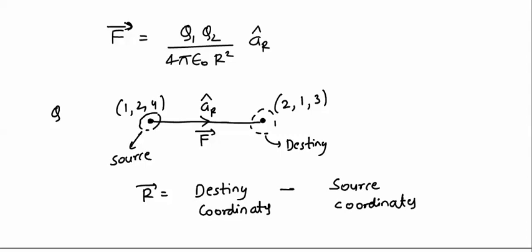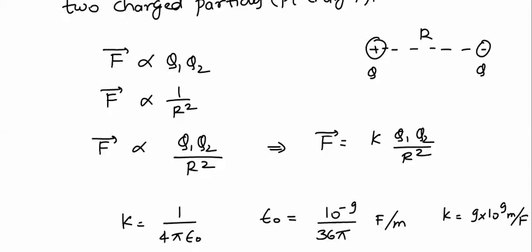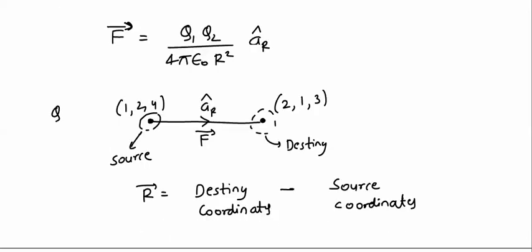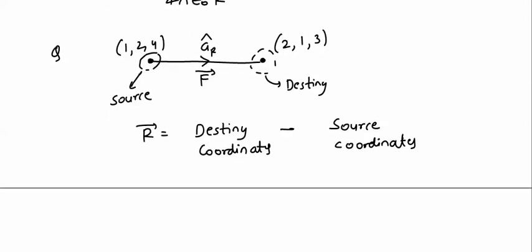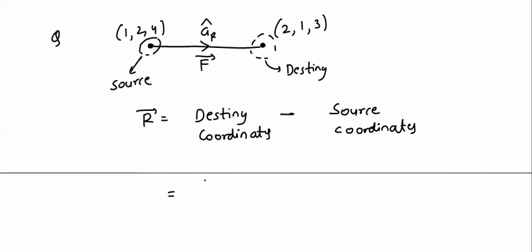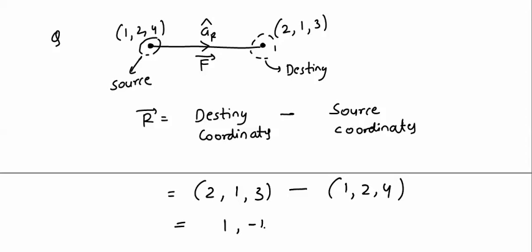In this example, the destination coordinates are 2, 1, 3, minus the source coordinates, which are 1, 2, 4. If I subtract them, I'll get 1, -1 and -1.